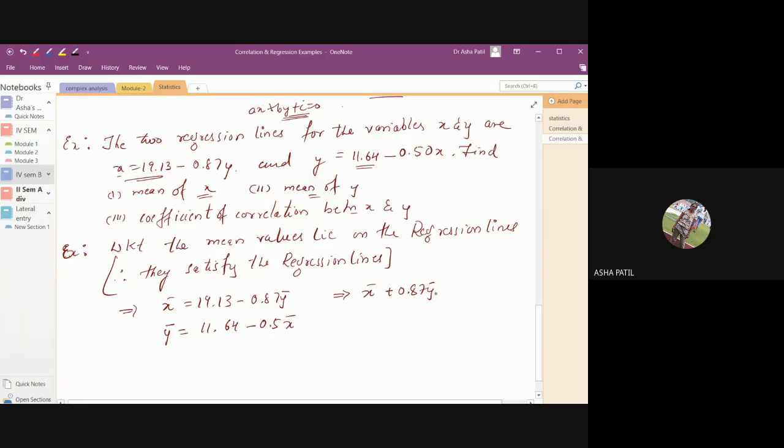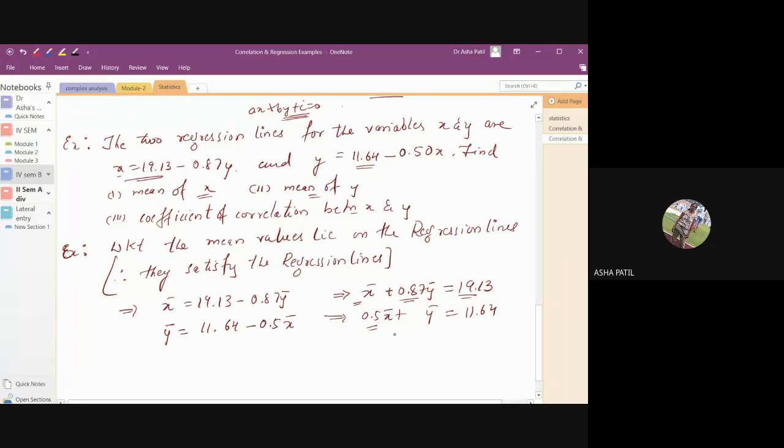I don't have a calculator at my home, so check and tell me correctly. So I'm writing the equation in terms of x bar and y bar, equal to 11.64. Give the values: a1 is 1, b1 is 0.87, c1 is 19.13. Again a2 is 0.5, b2 is 1, and c2 is 11.64.